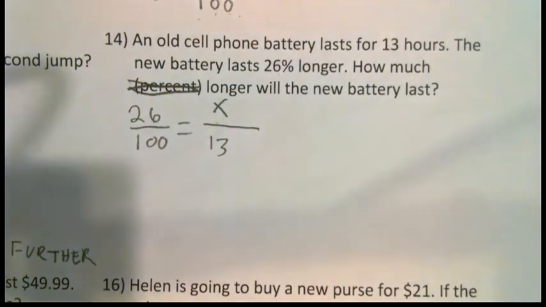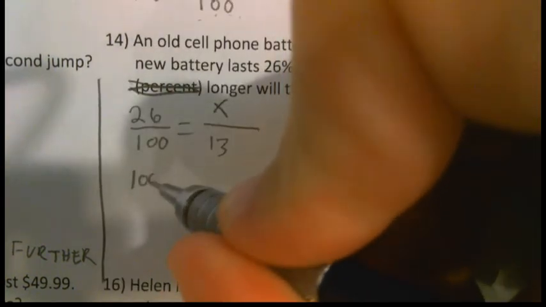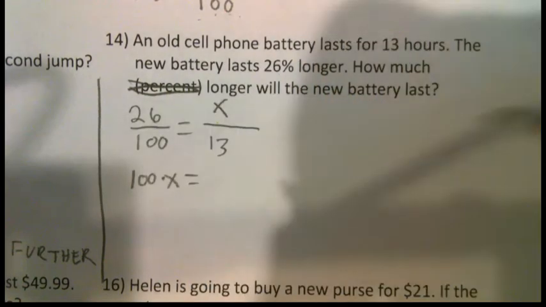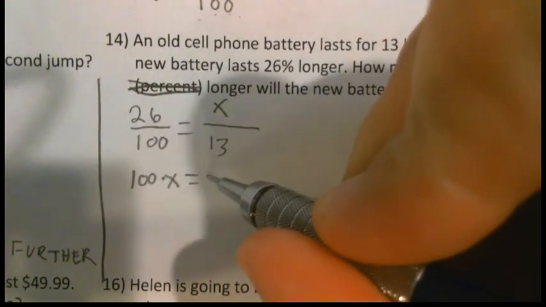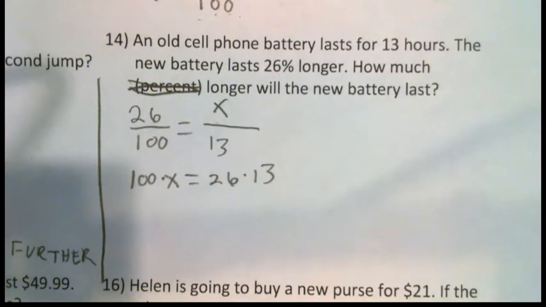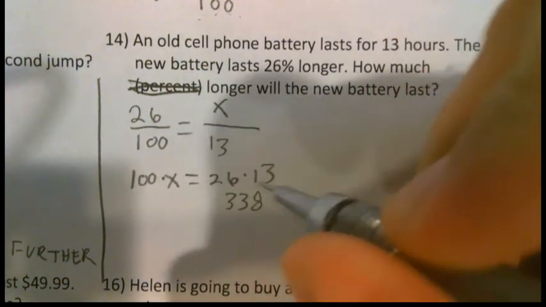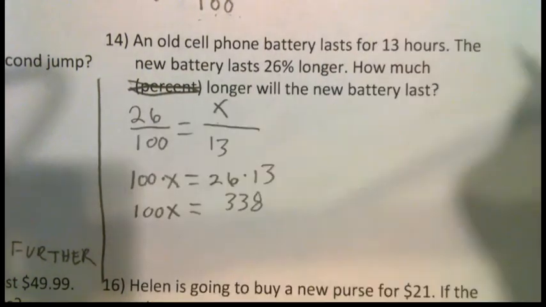Cross multiply. 100 times x is going to equal 26 times 13. 26 times 13 is 338. 100x carries down. Divide by 100.